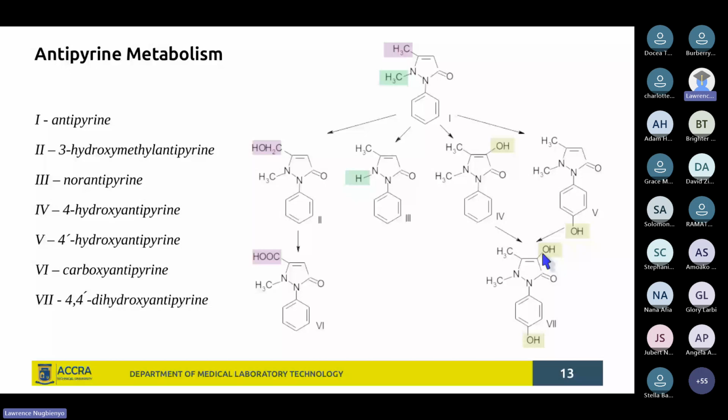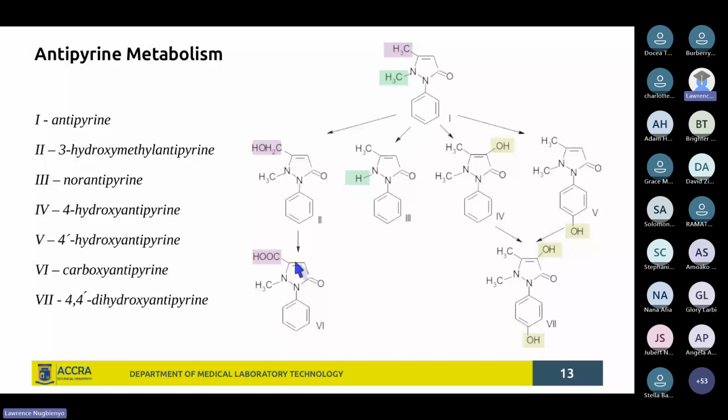So you can either have 4-hydroxy antipyrine, which will be converted to this last 4' dihydroxy antipyrine, or you first have the 4' hydroxy antipyrine, which is then converted to now 4' dihydroxy antipyrine. And then the last one over here too, we see the shaded portions.